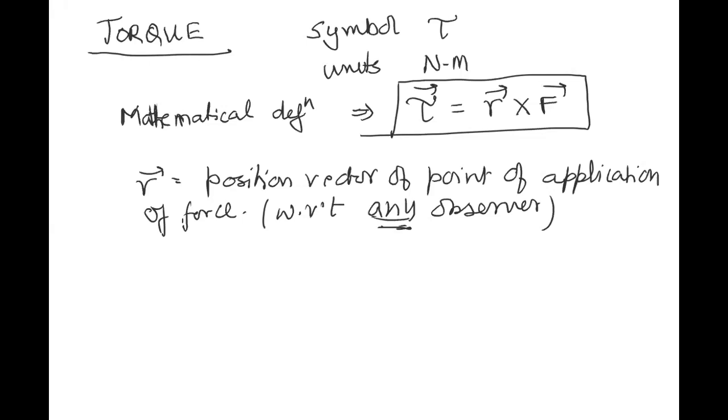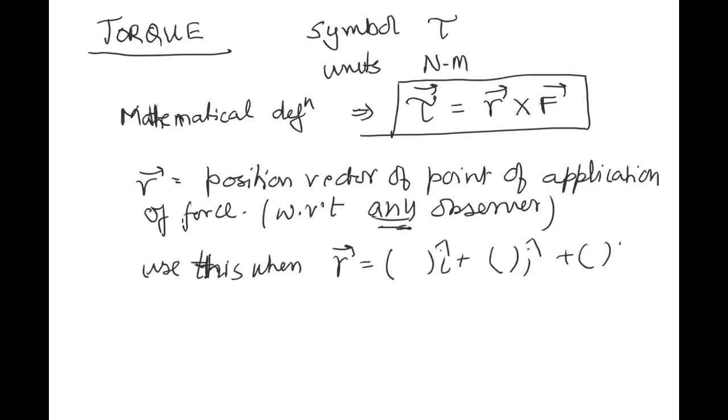You will use this when R is equal to something I cap plus something J cap plus something K cap is given, and F is something I cap plus something J cap plus something K cap is given.